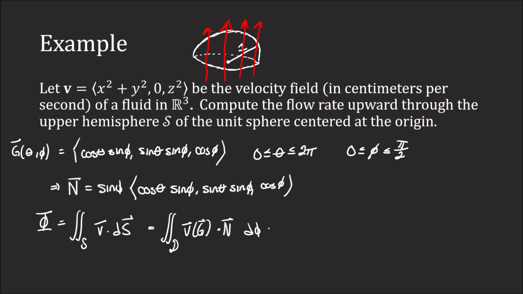Then we're going to be left with d phi d theta. What this becomes is the integral from 0 to 2 pi, integral from 0 to pi over 2.